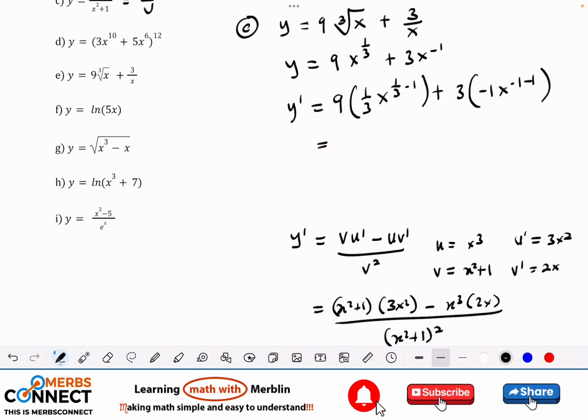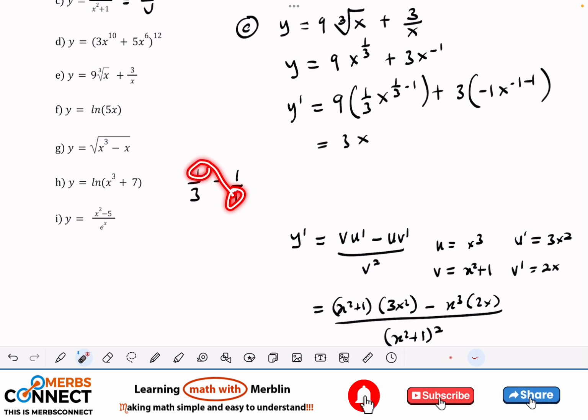So I'm going to have, now this times this is going to give us 3. Then 1 over 3 minus this. So we know the trick, right? If I want to find a fraction for this one, here it is the same as divided by 1. So we know the trick. This times this.